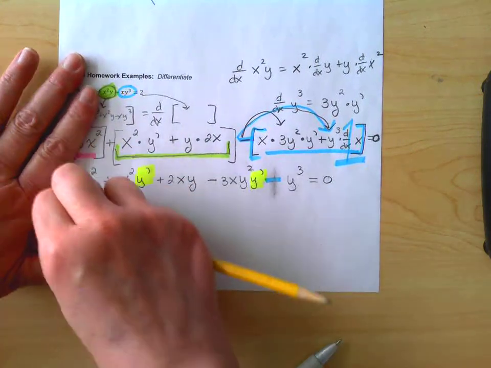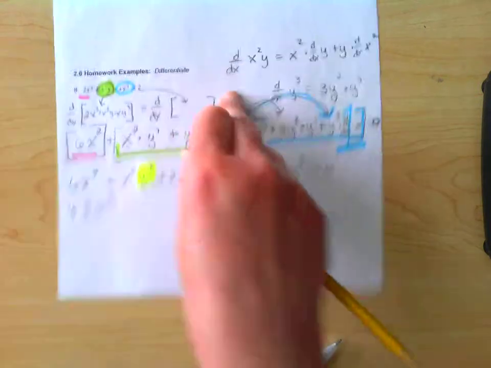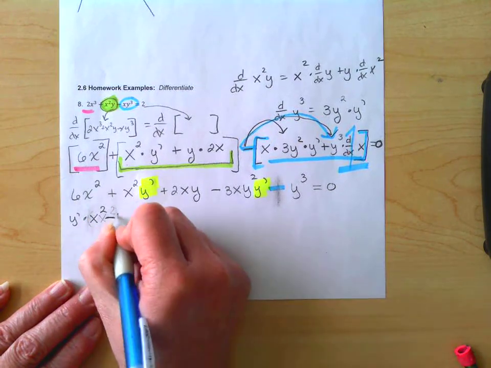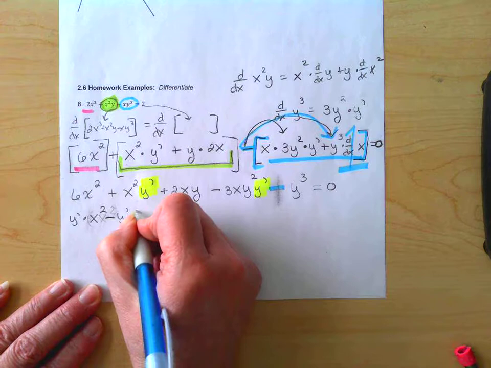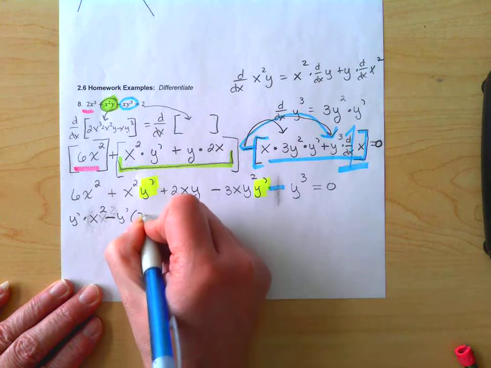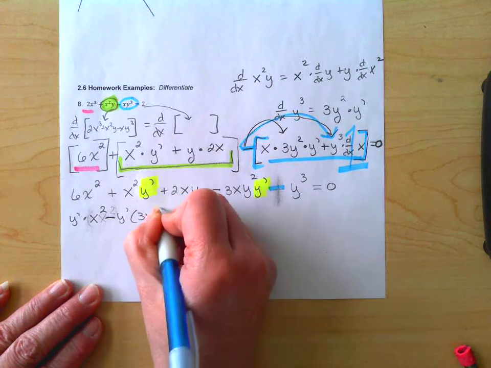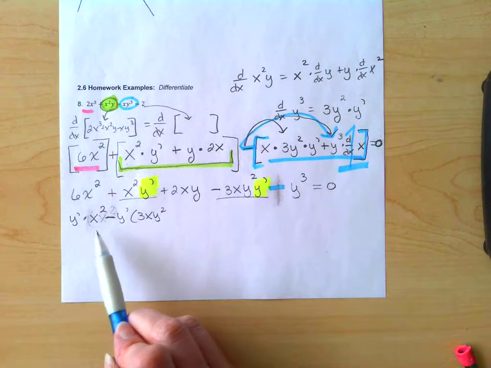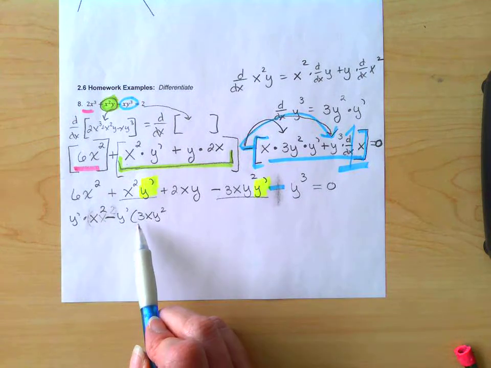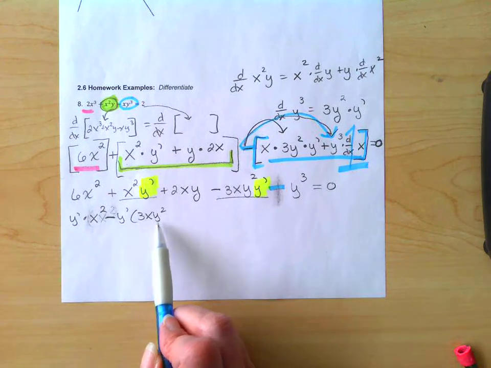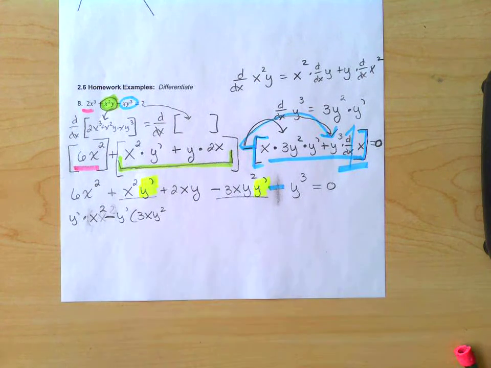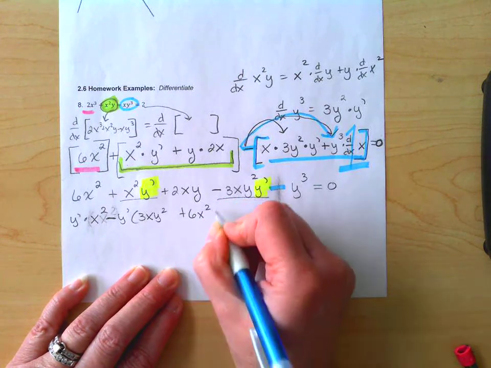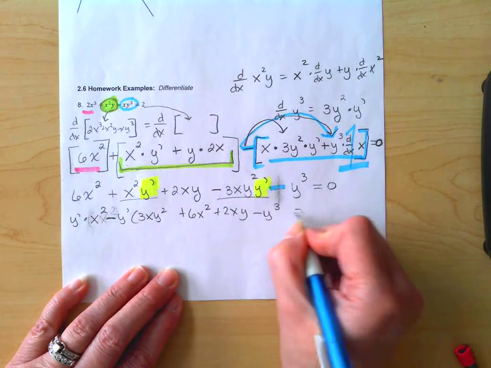So we'll have y prime times x squared, and we've got minus y prime times 3xy squared. So here are the two y prime terms, and that was a subtraction. And then we've got 6x squared plus 2xy minus y cubed equals 0.